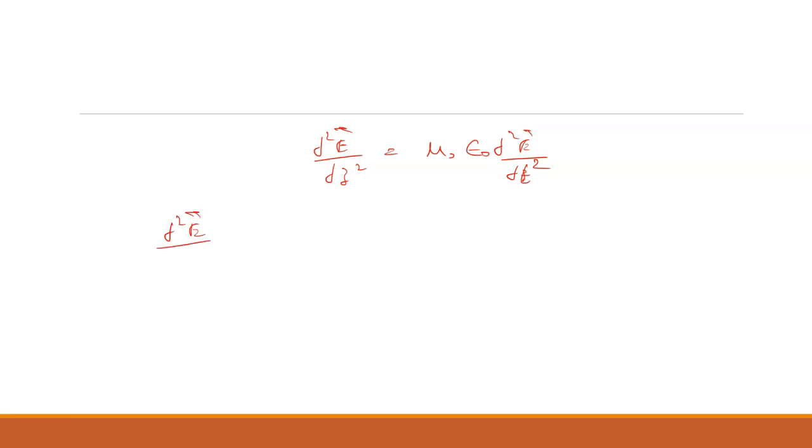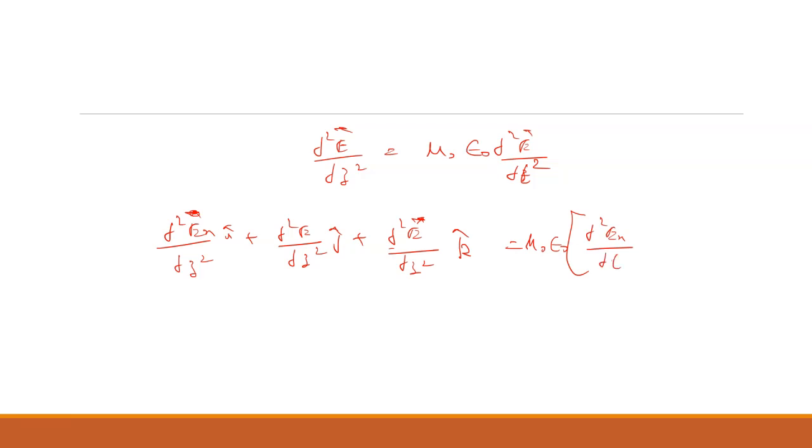Writing in components: curly square Ex by curly z square i cap plus curly square Ey by curly z square j cap plus curly square Ez by curly z square k cap equals mu naught epsilon naught curly square Ex by curly t square i cap plus curly square Ey by curly t square j cap plus curly square Ez by curly t square k cap.